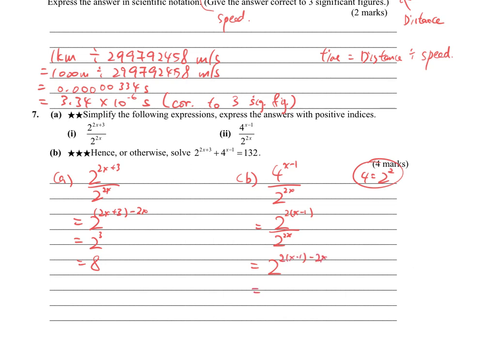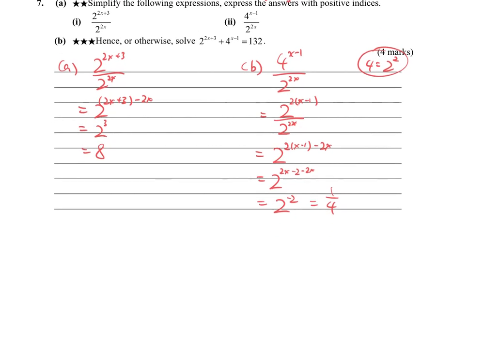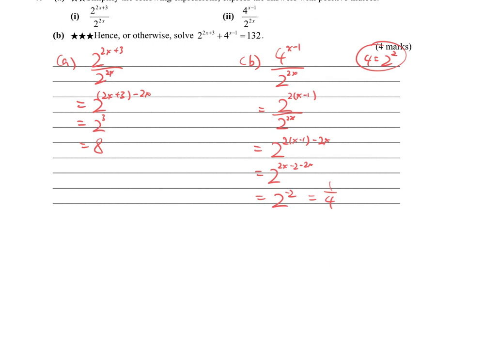So it will become 2x minus 2 minus 2x. So it is 2 to the power minus 2. So actually it is 1 over 4. Alright, and then the last part, B part. So it is a difficult question. So try to solve it.